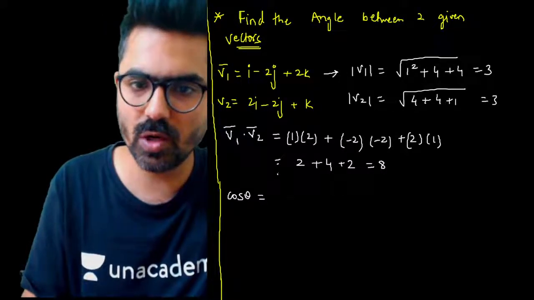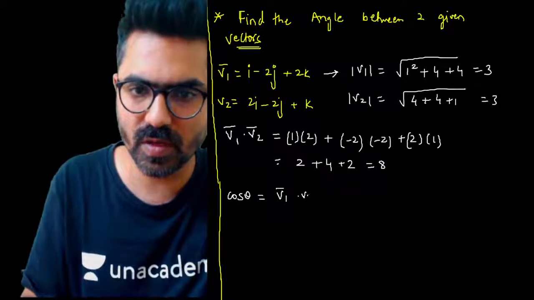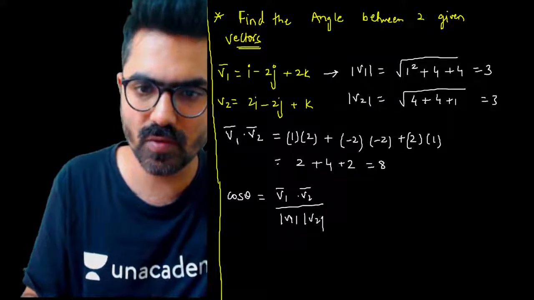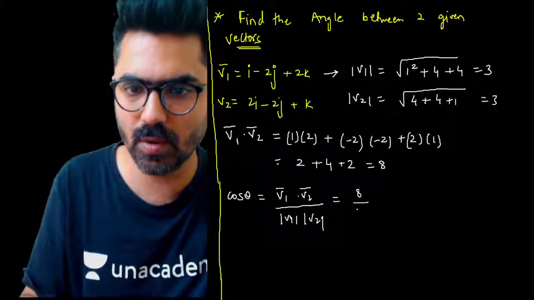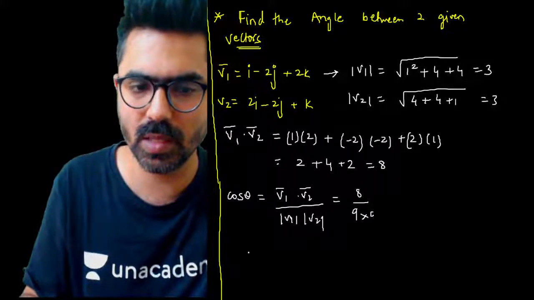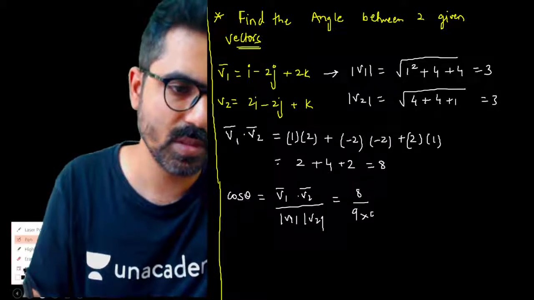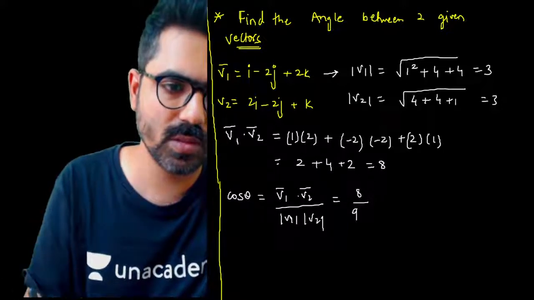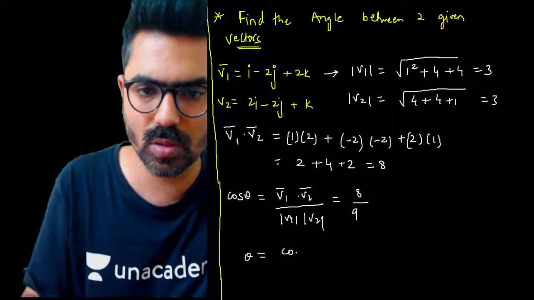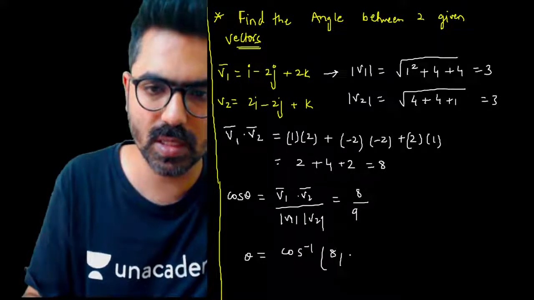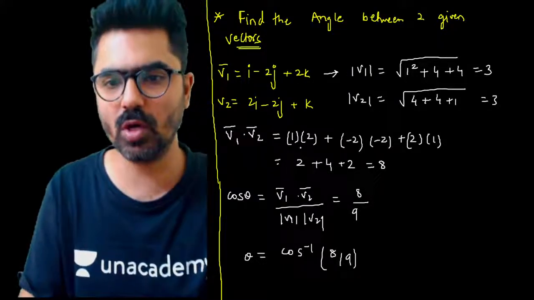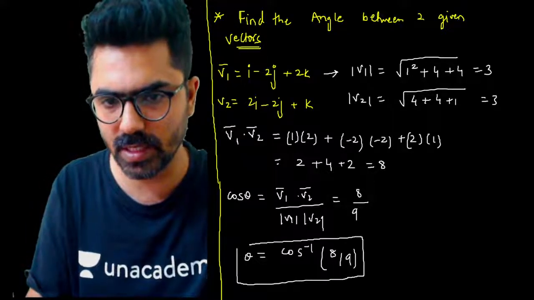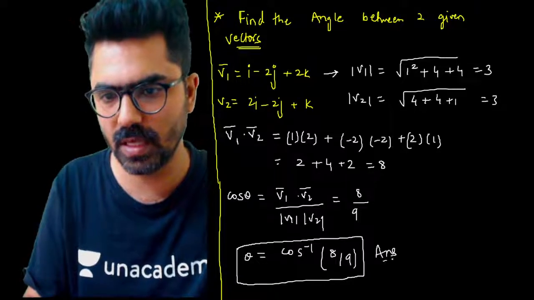So cos theta is v1 dot v2 upon mod of v1 into mod of v2, which results into 8 upon 3 into 3, which is 9. 8 upon 9. So the angle is what? Angle theta is equal to cos inverse 8 by 9. This is how we use the dot product to find the angle between two vectors. In this case, the angle is cos inverse 8 by 9. This is your final answer.